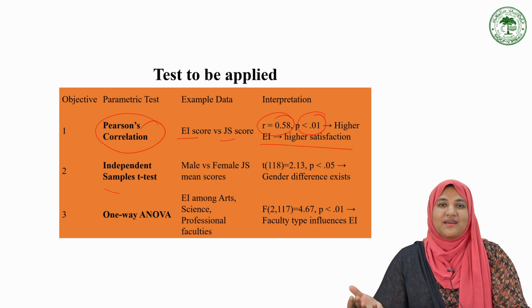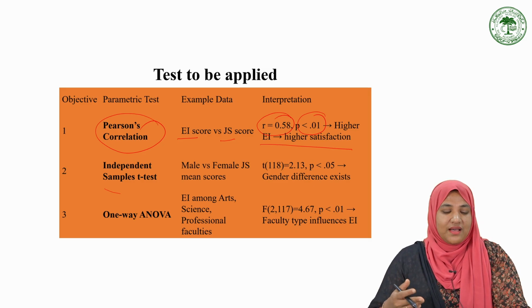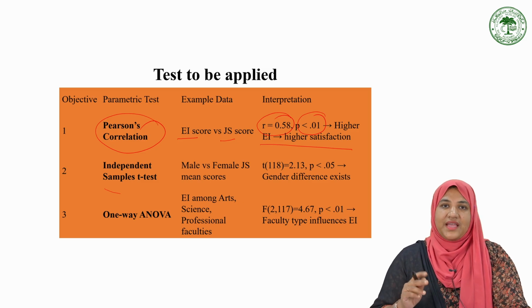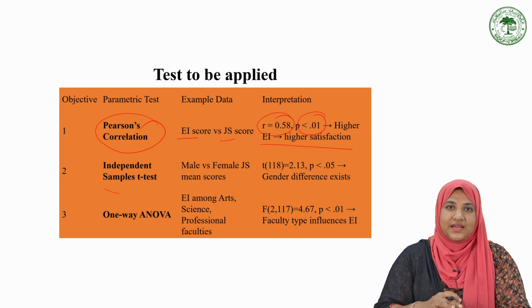It has many more types, but we have taken over here the 2 basic types, male and female. So we are using the independent sample t-test over here, because we are making the analysis between the male and the female. There are only two groups, that is why t-test, and male and female are independent samples, so we are taking the independent sample t-test.